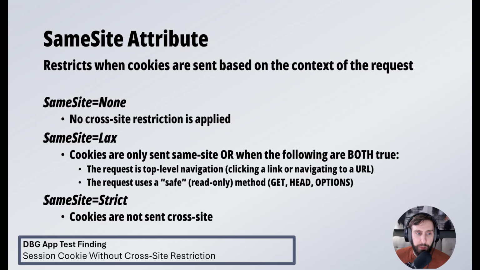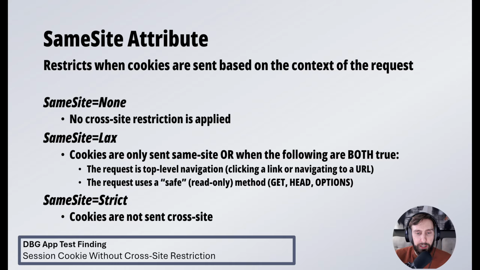So this would be considered the most dangerous setting and is pretty much never a good idea in situations where you have some type of session that is authenticated or has some other value. Lax is in general now the default that is set by browsers, and we'll talk about browser-specific variations in a moment. In this case, it is a little bit confusing.